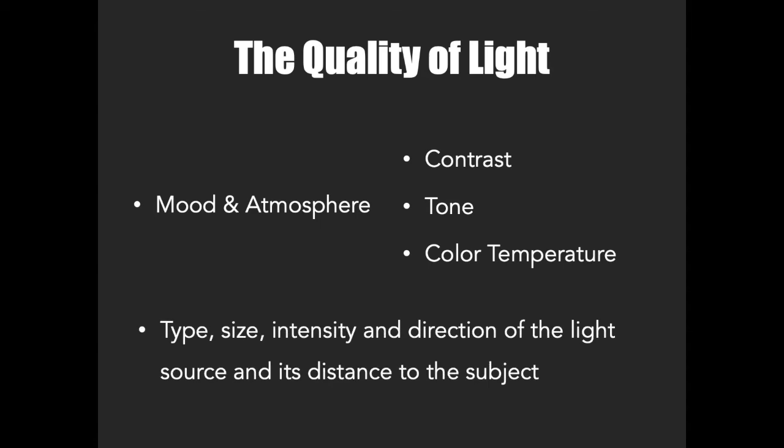The size, intensity, and direction of the light source relative to the subject is also important. It is also important to achieve a correct exposure in order to get the best texture, vibrancy of color, and luminosity on your subject, and that was covered in our previous workshop.